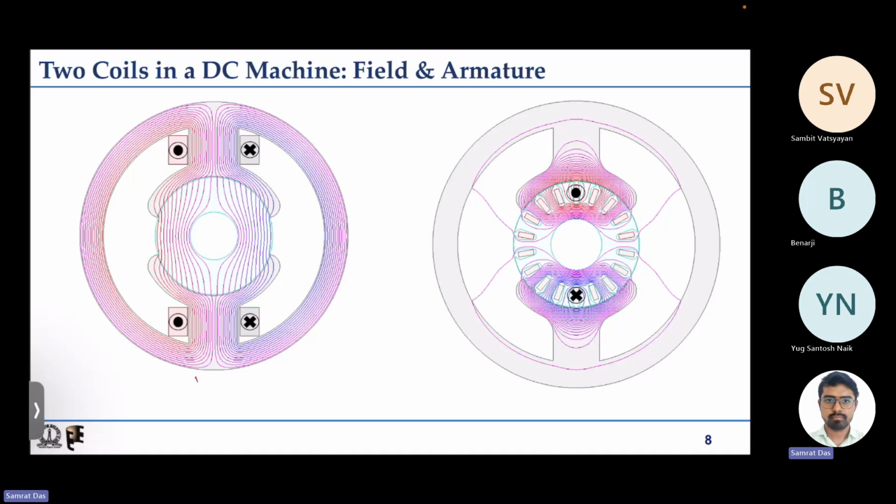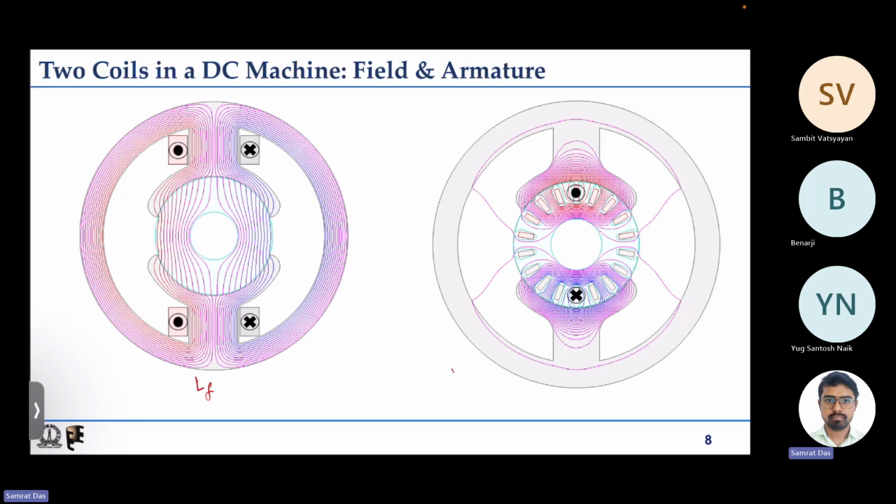So say the field winding has some inductance LF, and similarly the armature winding, if only that is excited, then we have already understood the flux line distribution. And because there are some flux lines distributed, there is some B distribution, so there will be some energy stored, and that energy stored will lead to some inductance.